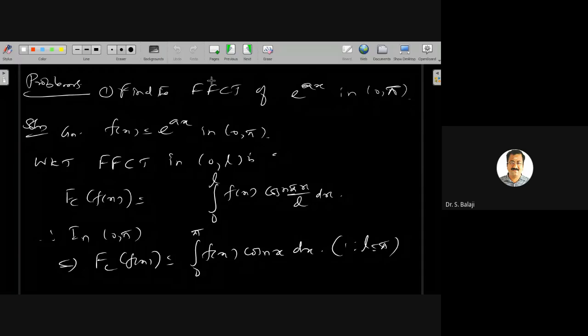We know that we are asking for the finite Fourier cosine transform in the interval 0 comma L. The general interval you know: in the interval 0 comma L, fc of f of x is equal to the integral from 0 to L of f of x cos(n pi x by L) dx.